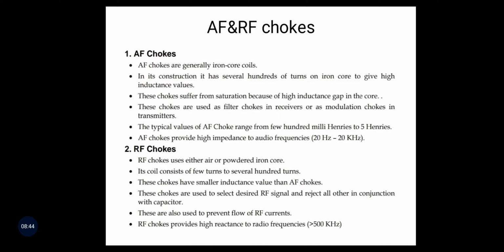These are mainly used in filters and for modulation in transmitters. These chokes range from millihenries to 5 henries. They provide high impedance to audio frequencies from 20 Hz to 20 kHz.